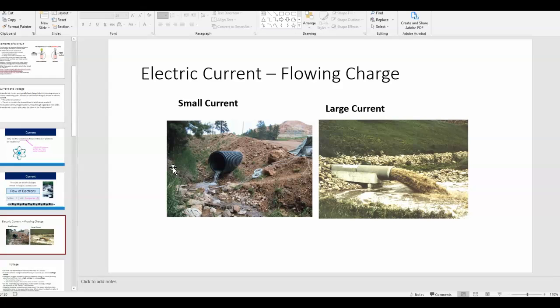Current has to do with the stuff actually flowing through the pipe and how quickly it flows. In the water analogy, the current would be made up of the water. In an electric circuit, the water, quote unquote, the current is made up of electrons. All right, so that is electric current.